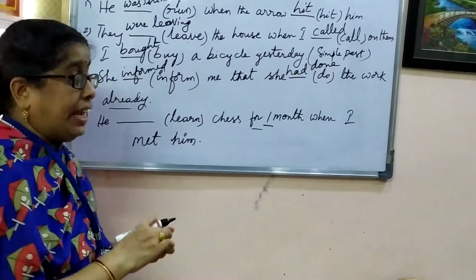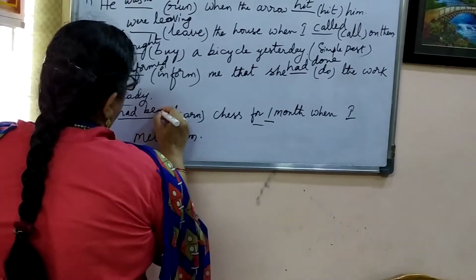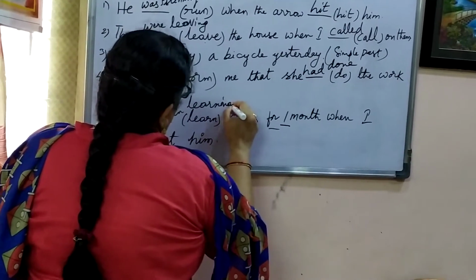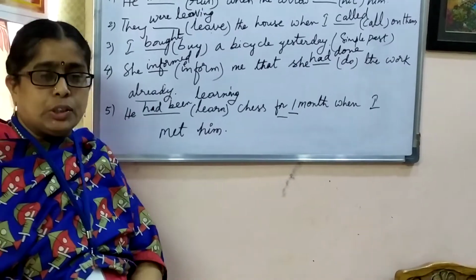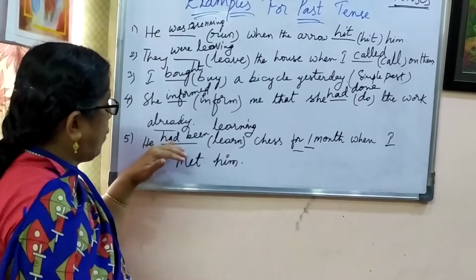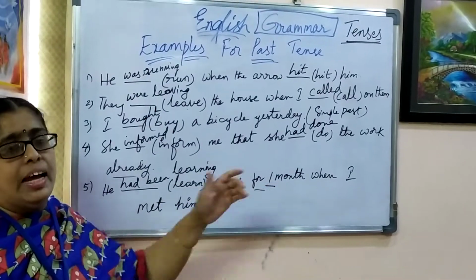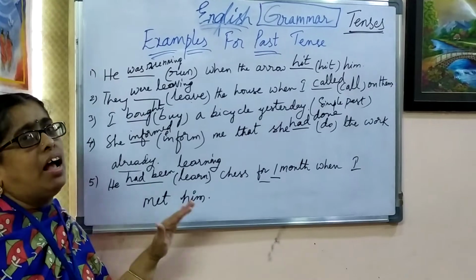He had been learning chess for one month when I met him. This is the usage of past perfect continuous tense: for the period of time an action was going on up to a point of time in the past.